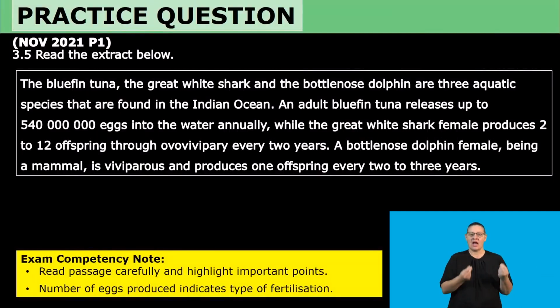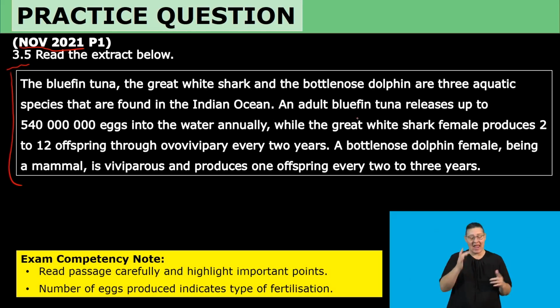We have got here November 2021 paper 1, question 3.5. The instruction says, read the extract below. So you can see that on the table we've got the stem of our questions that will follow. It reads thus. The bluefin tuna, the great white shark, and the bottlenose dolphin are 3 aquatic species that are found in the Indian Ocean.